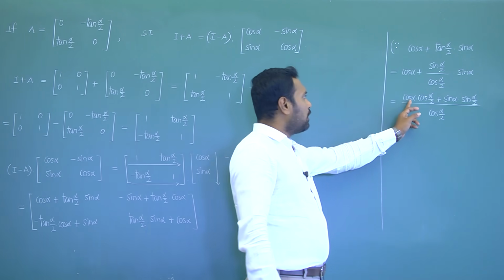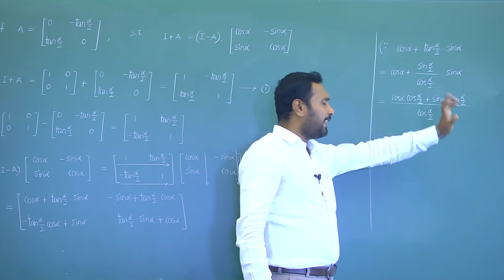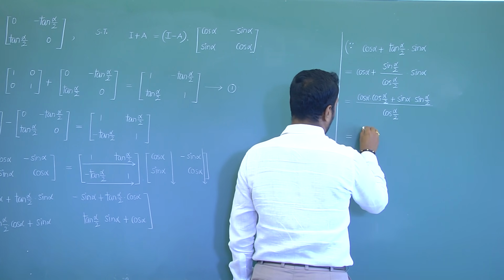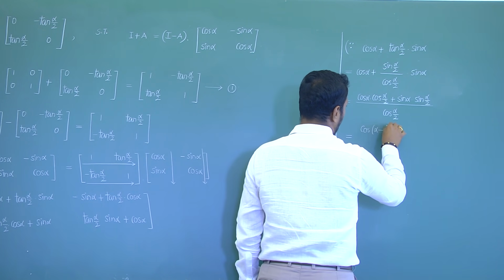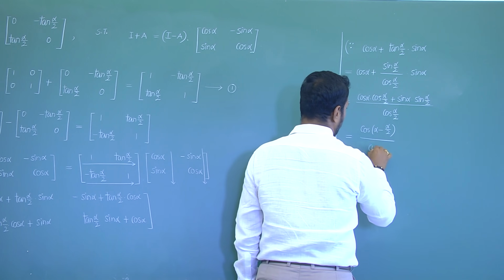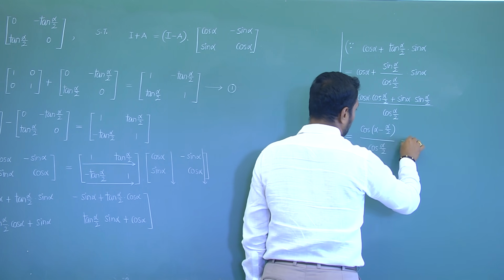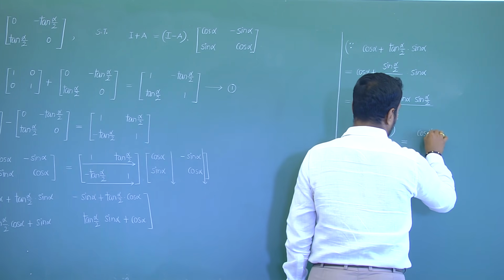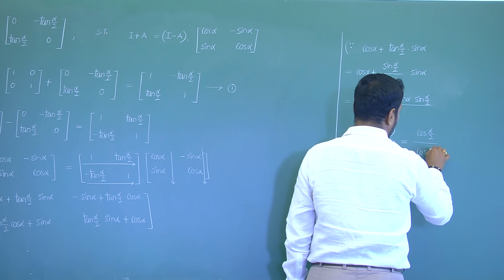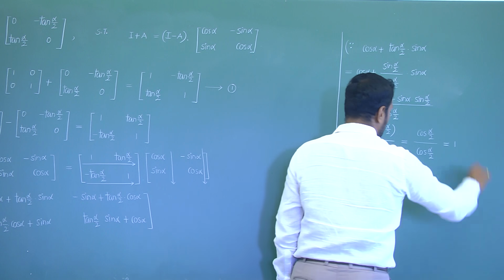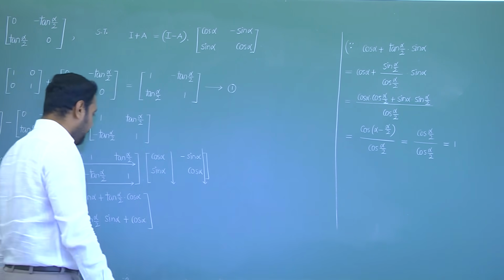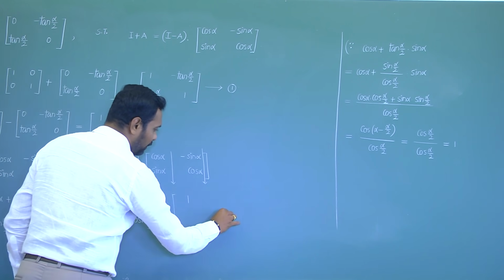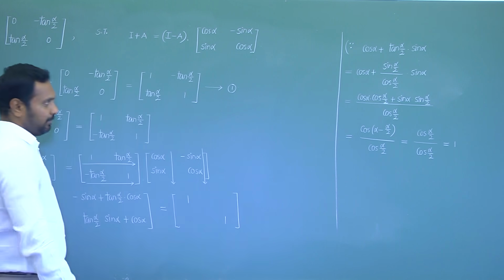This is cos A cos B plus sin A sin B, and the formula is cos of A minus B. So cos of alpha minus alpha by 2 divided by cos alpha by 2. The simplification of alpha minus alpha by 2 is alpha by 2, divided by cos alpha by 2 equals 1. Means the first row first column and second row second column value becomes 1.